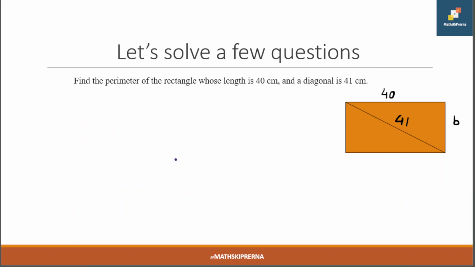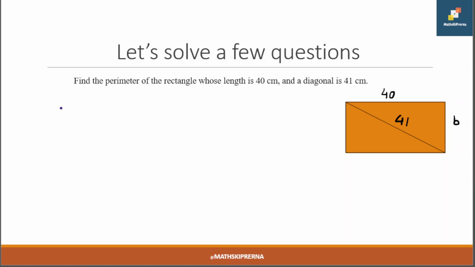This is going to be the last question which we are solving here. So we have to find the perimeter of a rectangle, not triangle, whose length is 40 centimeter and diagonal is 41 centimeter. And we have to find the perimeter. To find the perimeter, we need both the sides. So we know one side, we don't know the other side. So let's assume the side as B, which is the breadth.